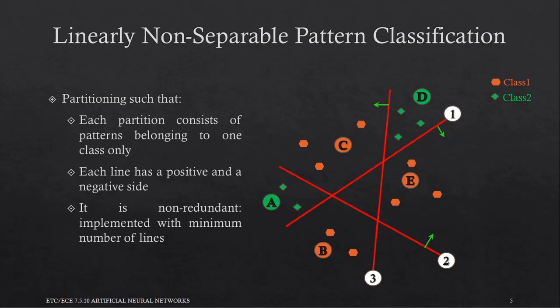That means now we have 3 lines, hyperplanes, that have suitable weights. Each line is a result of a TLU having those weights. The TLUs are as shown here.